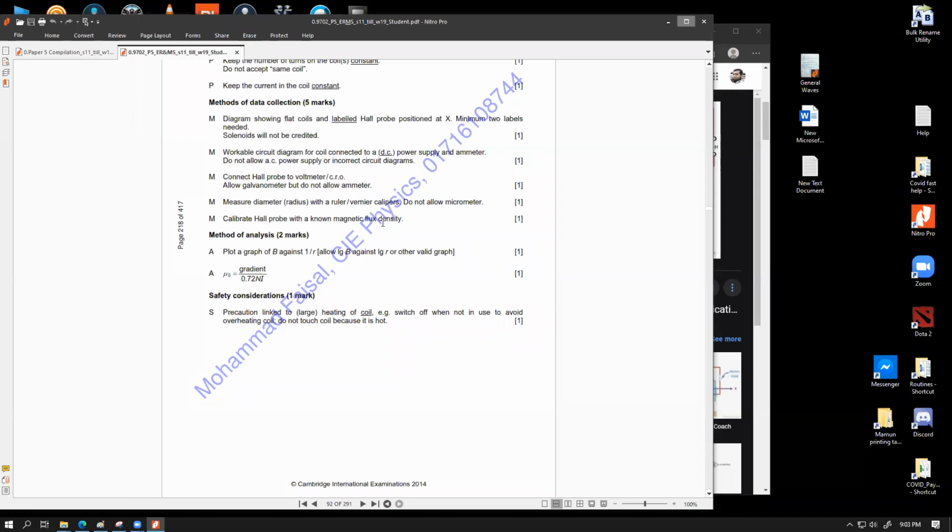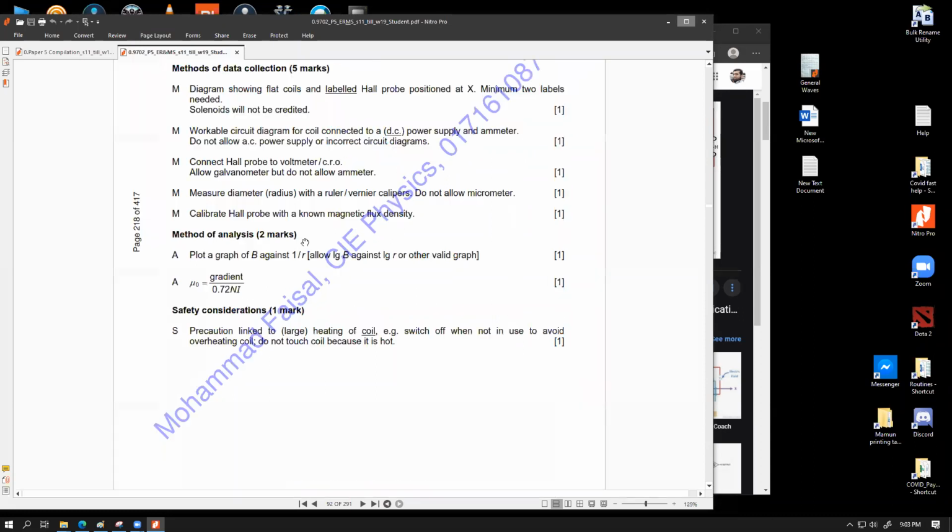For a Hall probe to work, apparently, these are absolutely new for me as well. I either did not know this thing, or I totally forgot. What they're proposing over here, this line makes a lot of sense: calibrate the Hall probe with a known magnetic flux density.